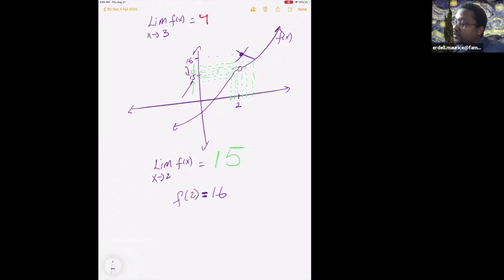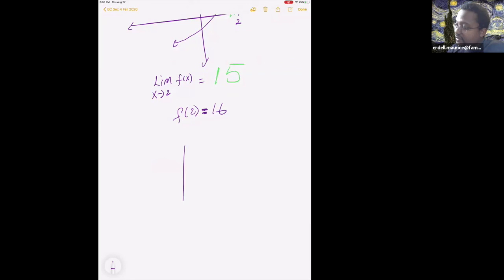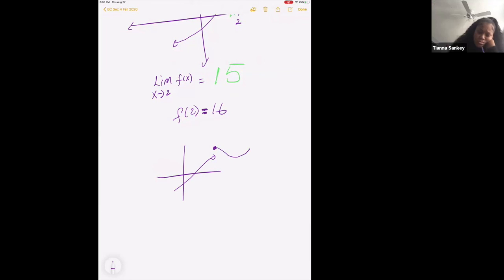The open and closed circle means this is the answer when I plug a value into the function. So let's say I have a graph that looks like this: open circle, closed circle, closed circle, open circle. Beautiful graph, right?